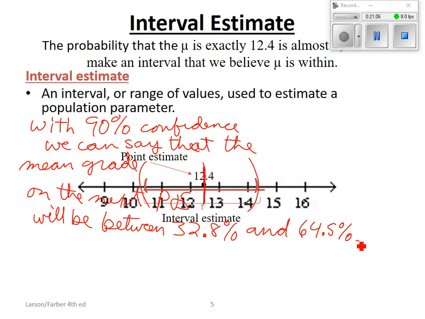Let's hope not, but you're going to have to be able to write that out and explain it.